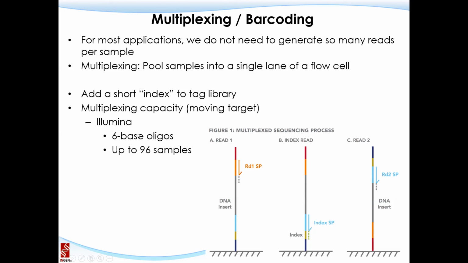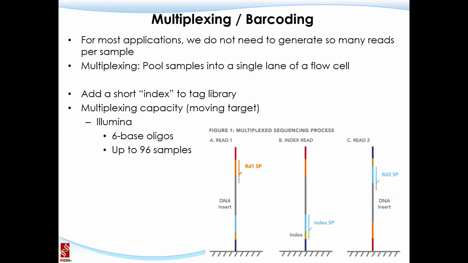You can think of it as putting 6 bases in the beginning of every read from that sample, and different samples have different 6 base pair sequences. Then I can analyze those 6 base pairs and know which read is coming from which sample. So that's the trick they are doing.